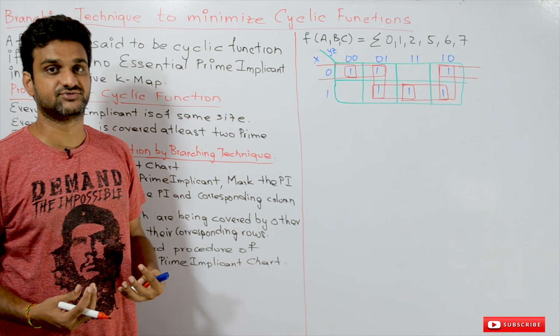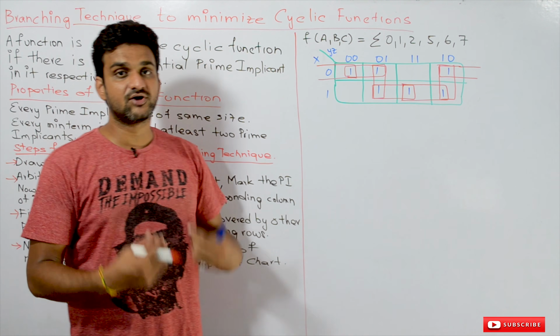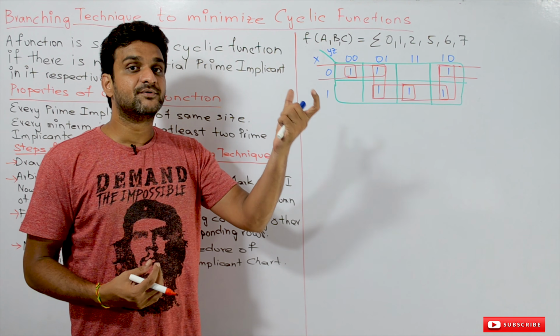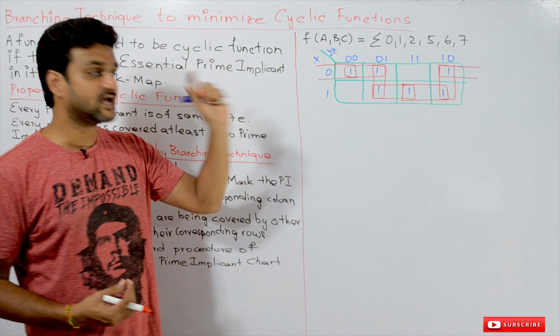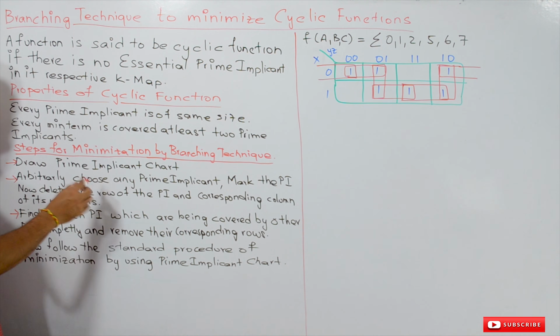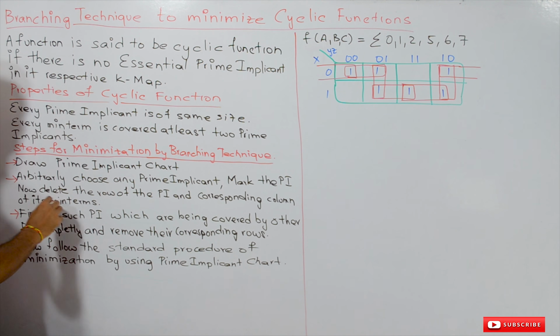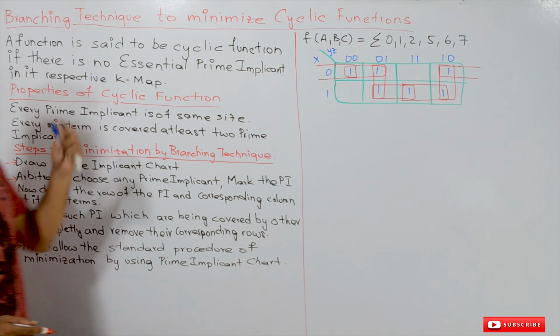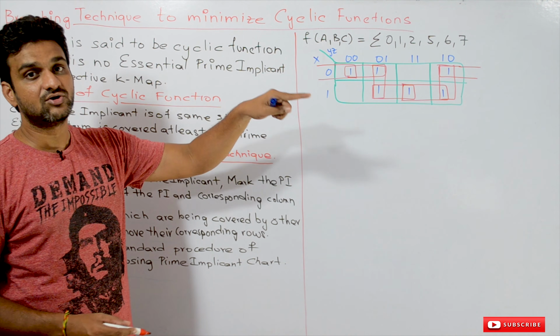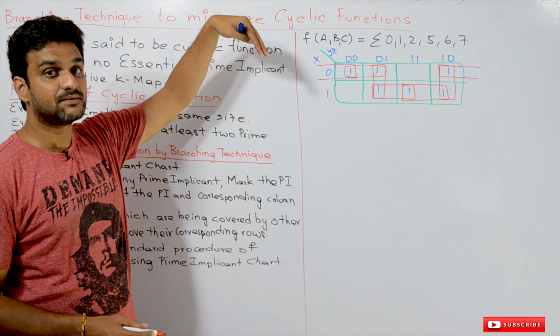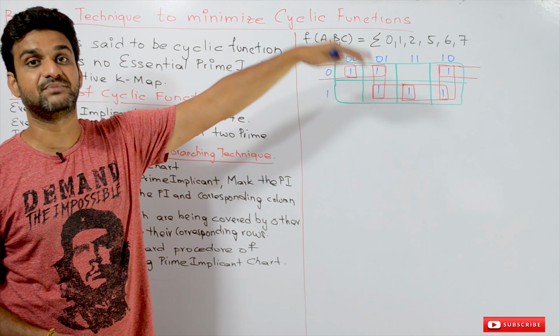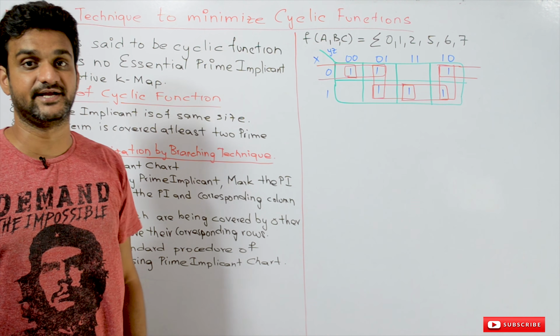It is our choice, so we are going to choose one on our own. After choosing it, delete the row of that prime implicant, and for the minterms which are covered by that prime implicant, the columns should also be deleted.